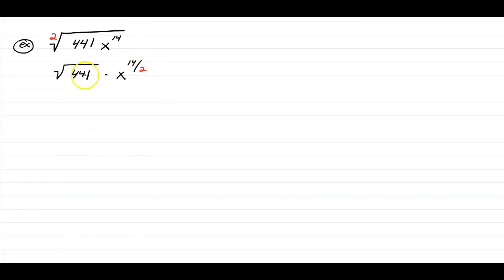On my calculator, I'm always going to try, can I take the square root of 441? And it works out. It's 21. And so now 14 divided by 2 is 7. And so whenever you divide by an even and your answer is odd, you have to put the absolute value bars around it.